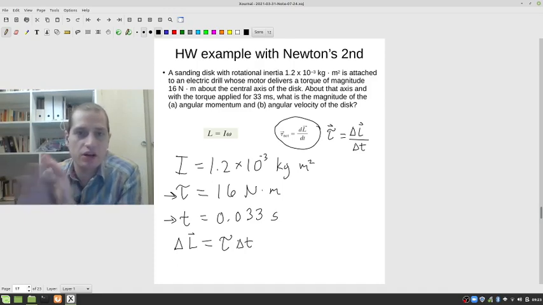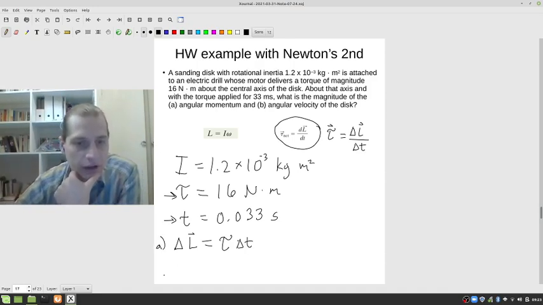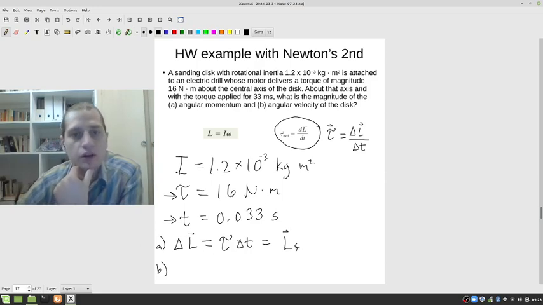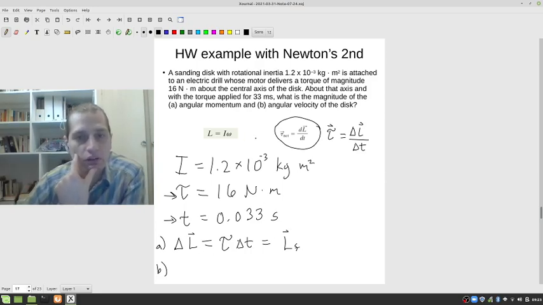It's assuming it starts out with no angular momentum. You've changed the angular momentum by adding torque. So that's part A. And then part B, if you know this is your L final, your final angular momentum, it says, what is the angular velocity of the disk?